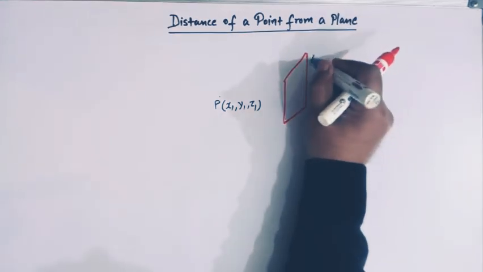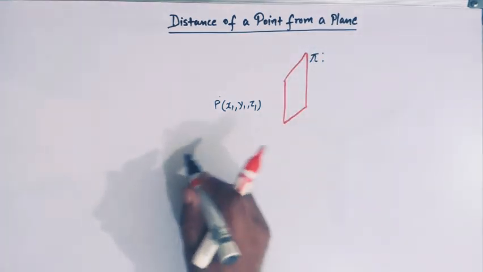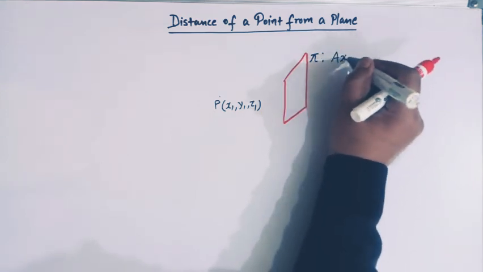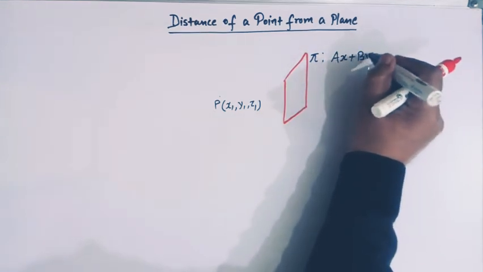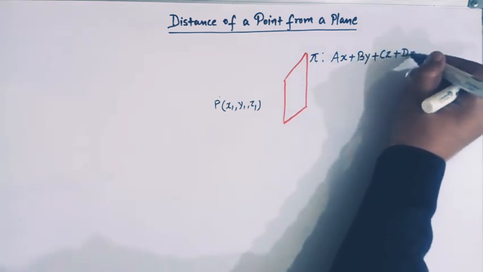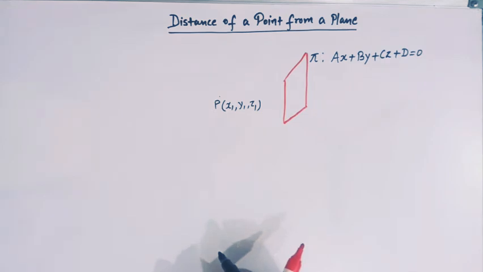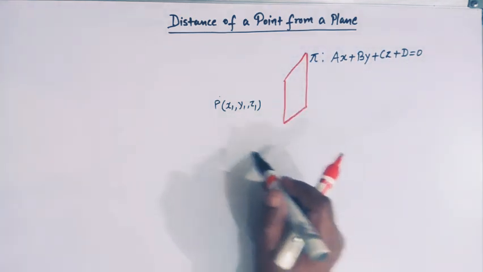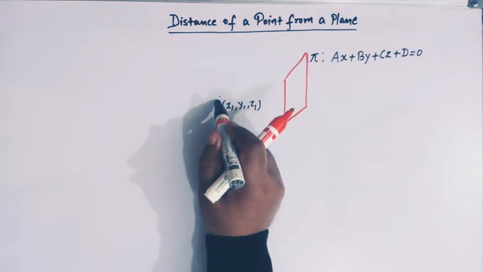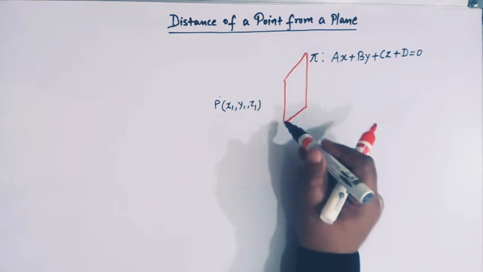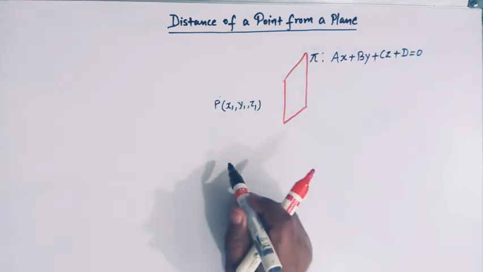And say pi is the plane whose equation is given by ax plus by plus cz plus d is equal to 0, right? So this is the equation of the plane pi, and this is the given point from which the distance of this plane is to be calculated, right?